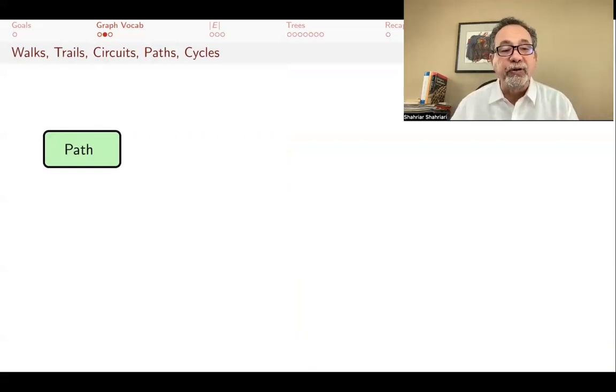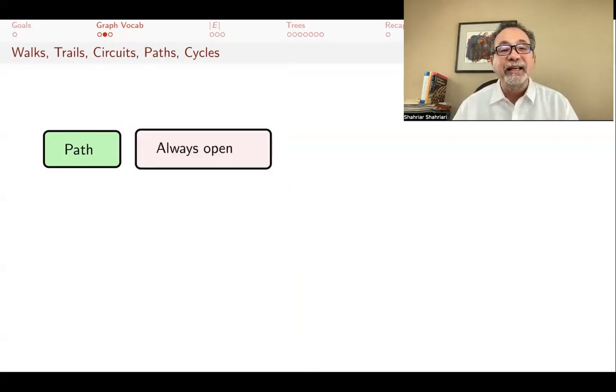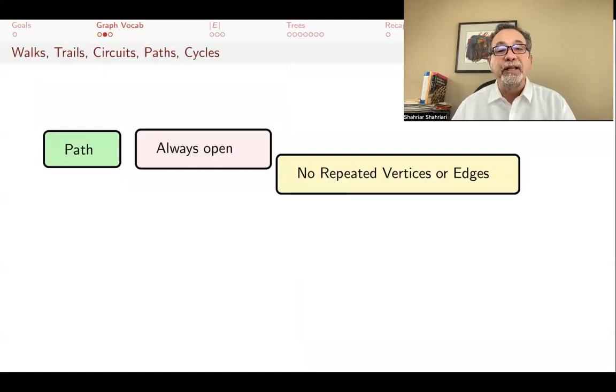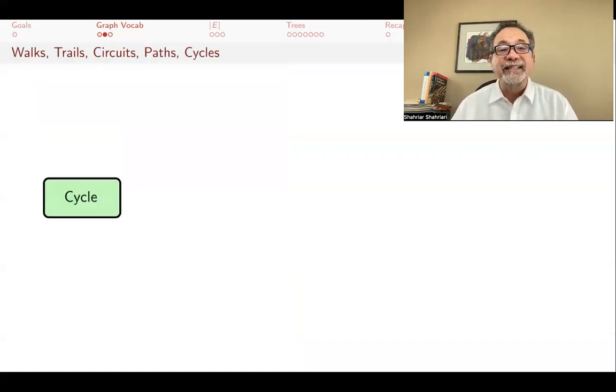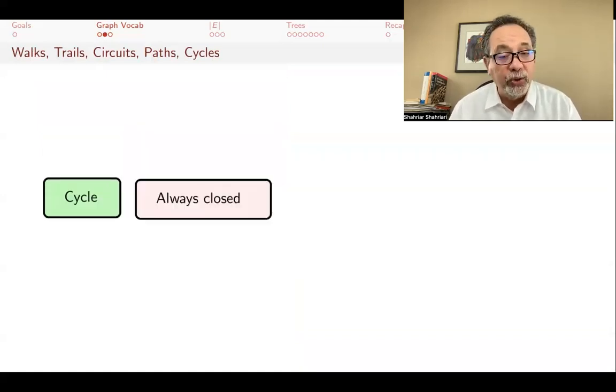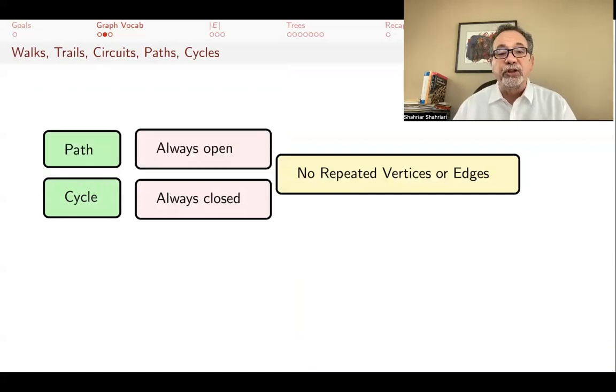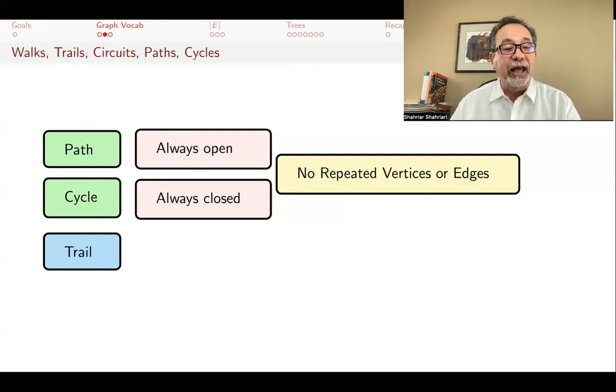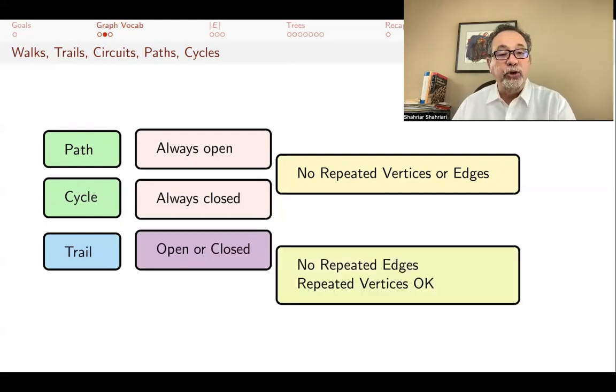This was the subject of a previous video. A path is always open, doesn't begin and end at the same place, and has no repeated vertices or edges. A cycle is always closed, but also has no repeated vertices or edges. So paths and cycles have no repetition of any kind, and one is always open, one is always closed. A trail could be open or closed.